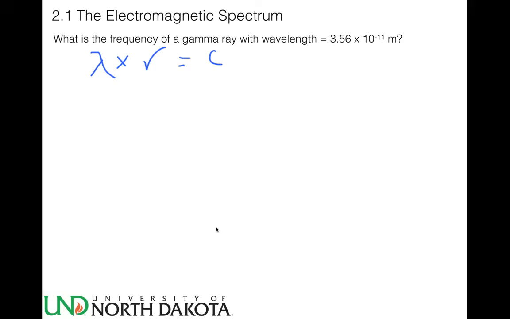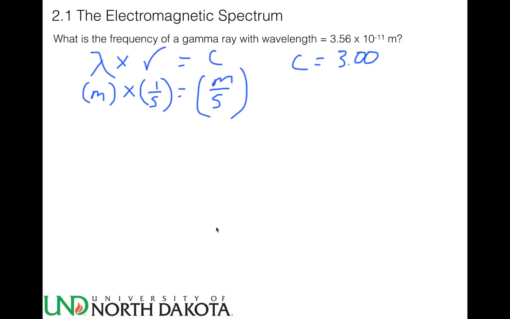How this works is that for any wavelength with the units of meters multiplied by any frequency with the units of inverse seconds, you would always get a constant with the units meters per second. And the speed of light is about 3.00 times 10 to the 8th meters per second.